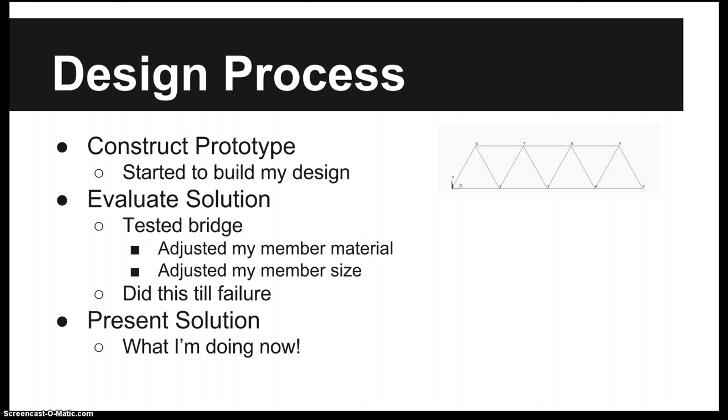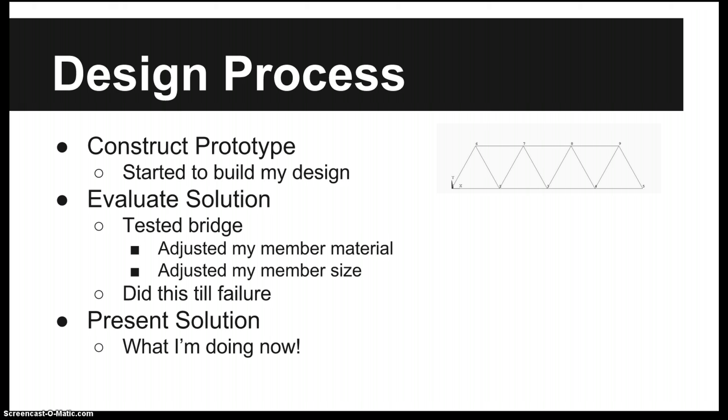Alright, and then I constructed my prototype. As you can see right here, this is the prototype that I designed. Again, a Warren bridge. And I chose this because of the members. You didn't use that many members. It was strong, it held, and it worked for a cheap price. So then I evaluated my solution.